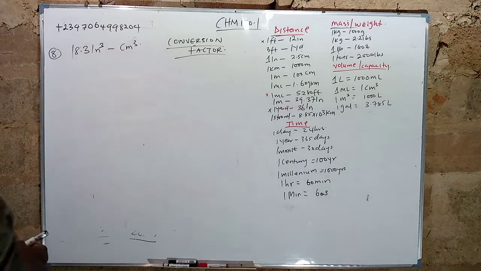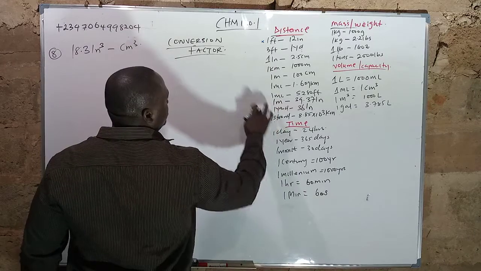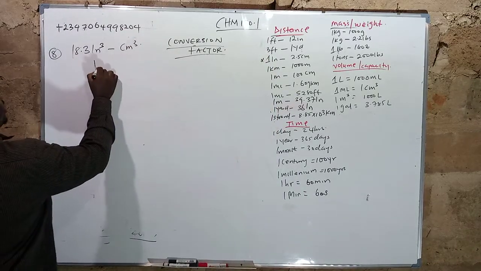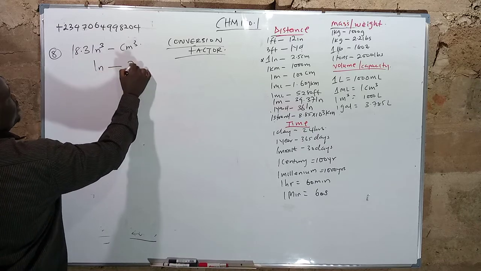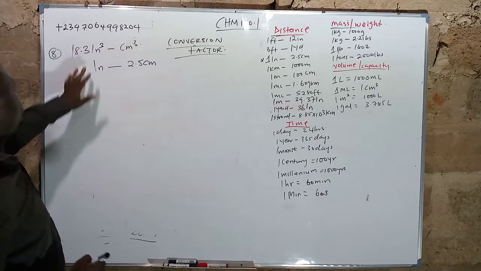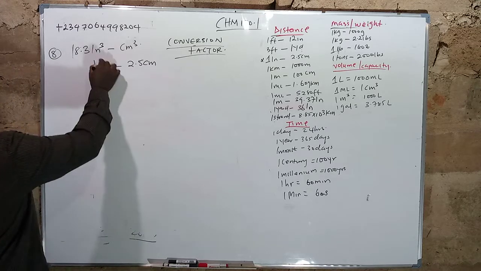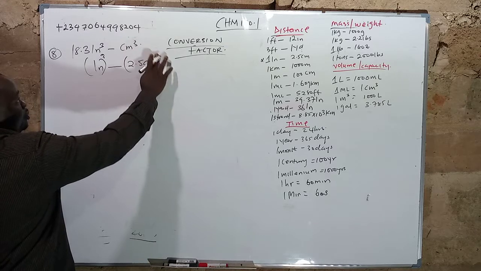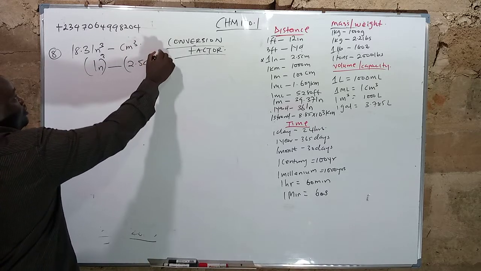Now from the board here, we have 1 inch. The conversion factor is 1 inch is equivalent to 2.54 cm. Now the only thing we need to do right now to make it like this is to put everything in cube. The cube of everything, not cube root. The cube of all.